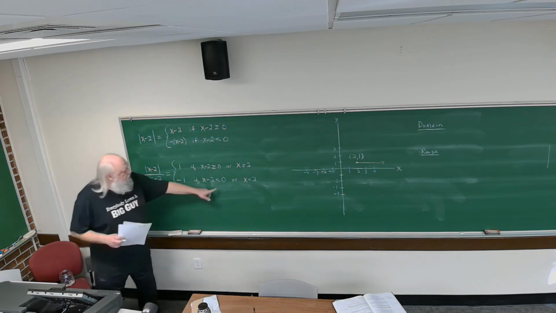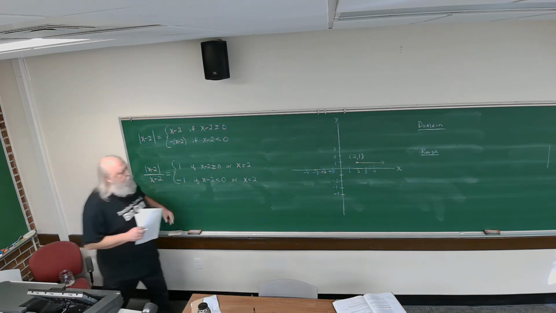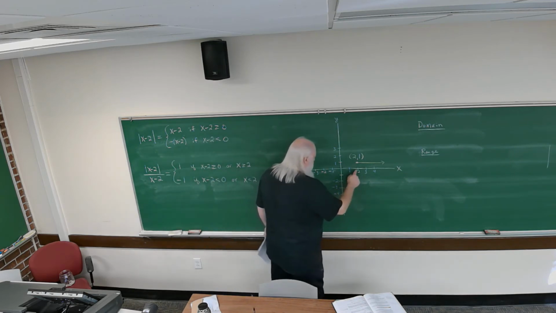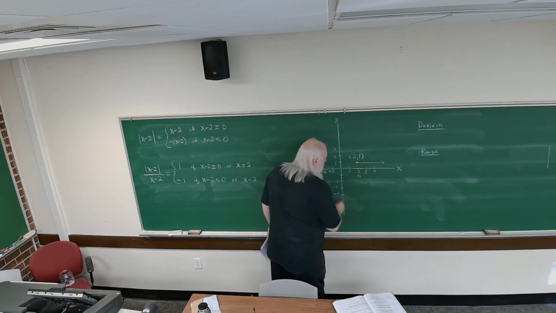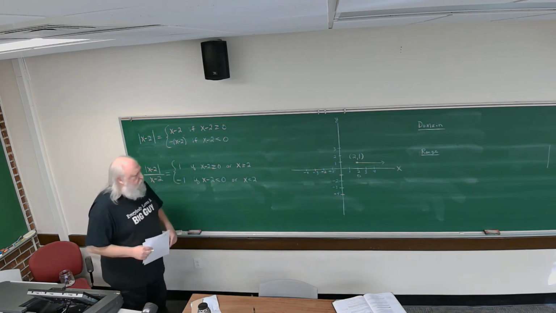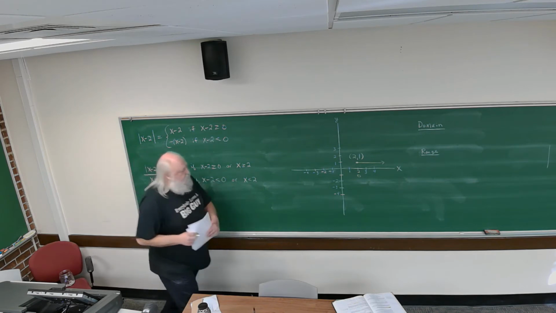For x less than 2, all the y coordinates are negative 1. So here is x equals 2. Here's y equals negative 1. And so we have an open circle at the point 2, negative 1 in the coordinate plane, because this is strictly x less than 2.